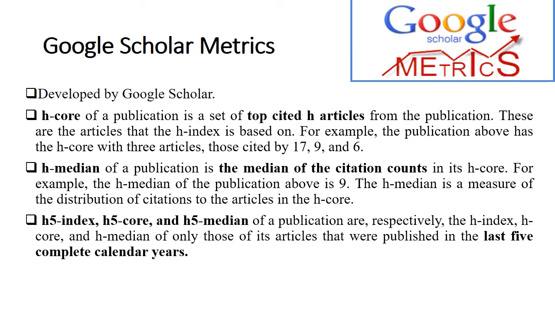Then we have the H5 index, H5 core and H5 median. The difference these 3 bring is that instead of considering the entire number of citations, they limit the period to just 5 years. Only the last 5 complete calendar years will be considered for the calculation of these Google Scholar metrics.